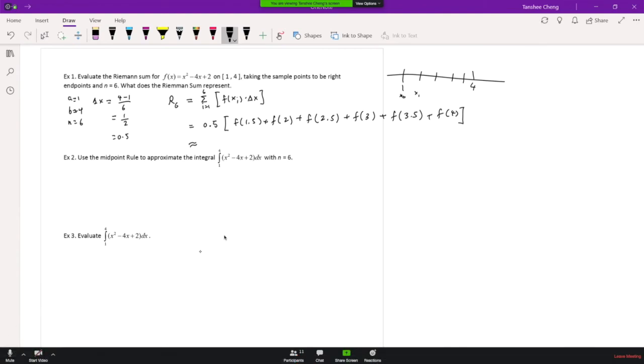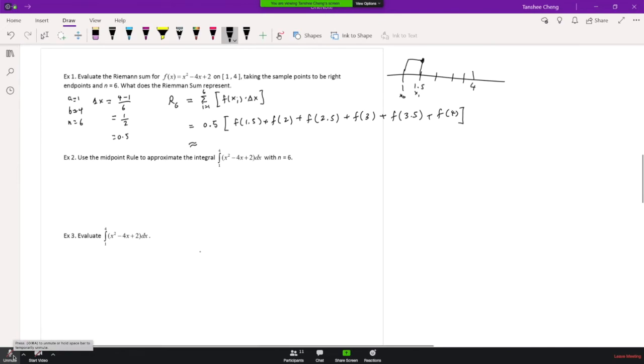So the increment is 0.5, so it'll be 0.5, 1.5. If you look at your rectangle and talk about the right endpoint for the first rectangle, my height of the rectangle I need to evaluate at 1.5.